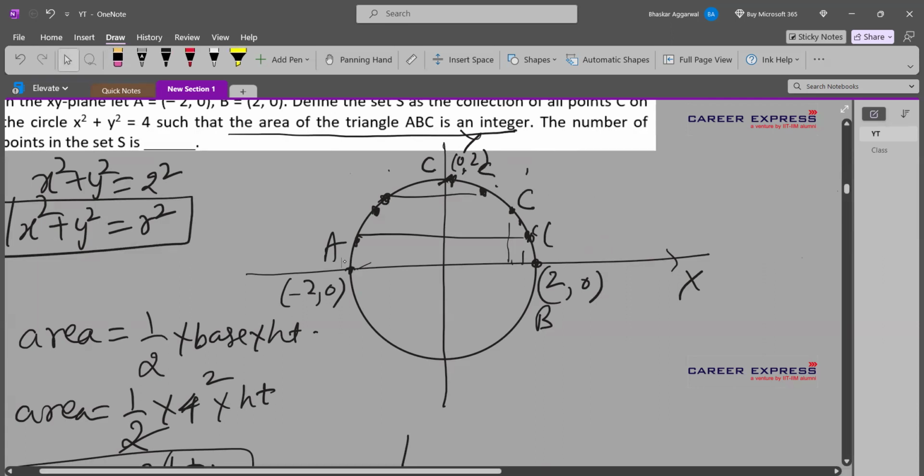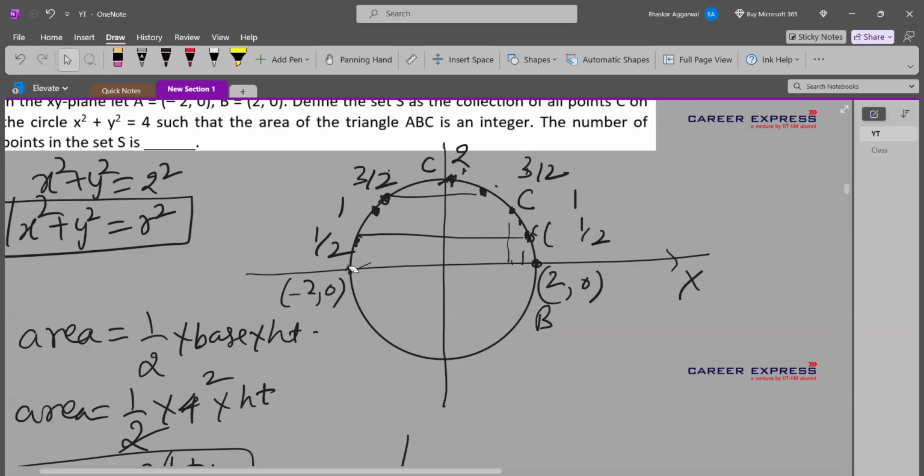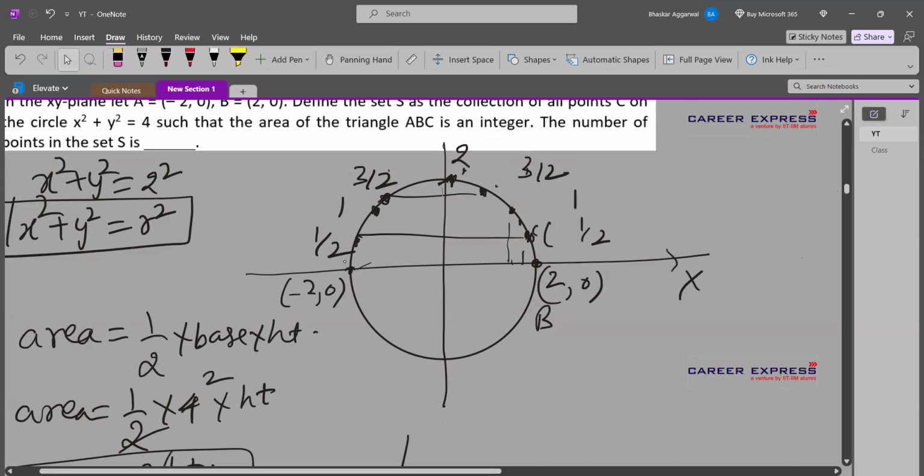So the value of point C can be when this is 1 by 2 on the right side, or 1, or 3 by 2, or 2, or 3 by 2 again, or 1 again, or 1 by 2 again. So these 7 values are possible for point C, and these are above x-axis.